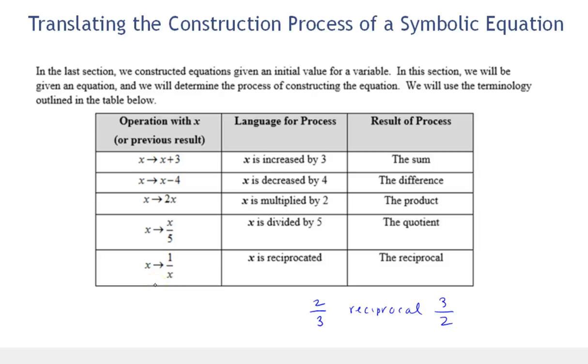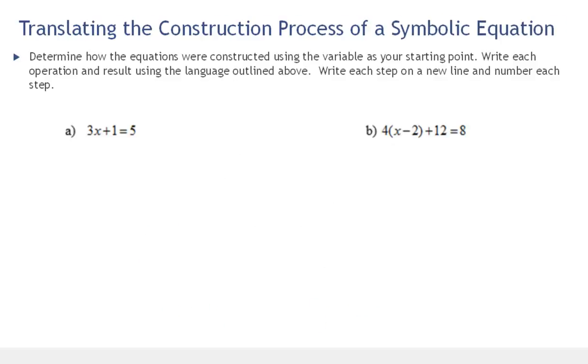If you have x over 1, reciprocating it gives you 1 over x. Remember, there's always a 1 under there if we need it. When we perform this process, we will say that x is reciprocated, and we will call the result the reciprocal. Now let's get started.